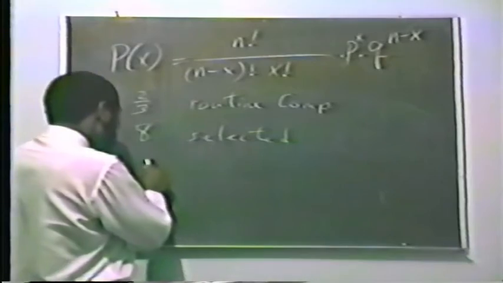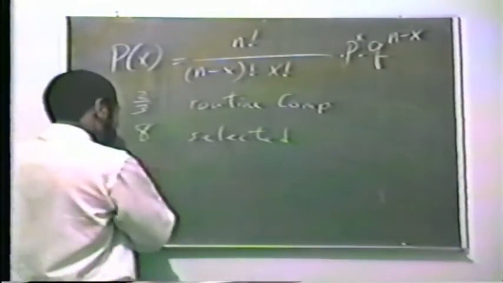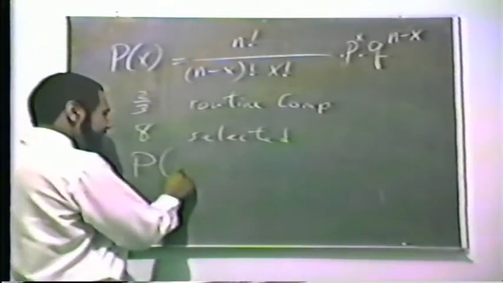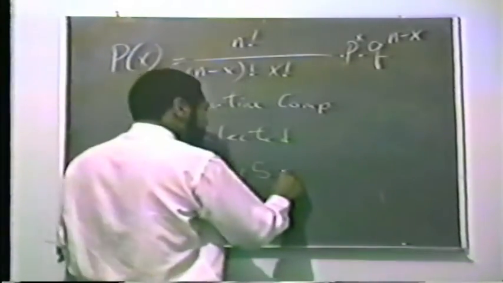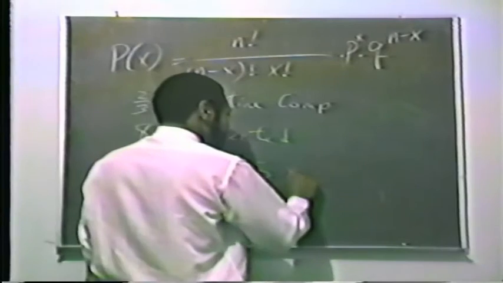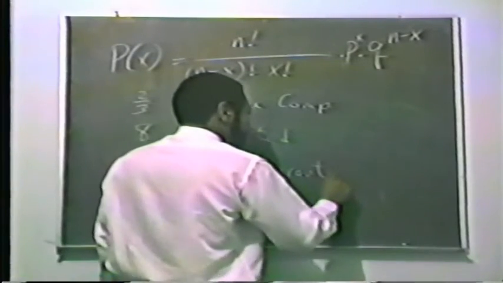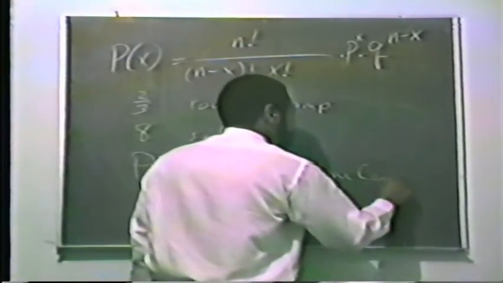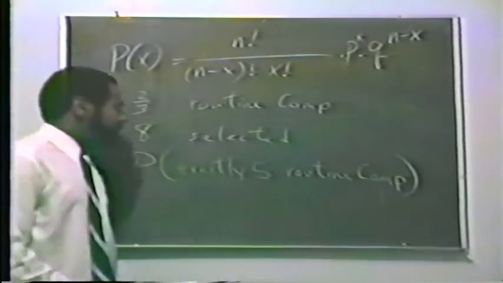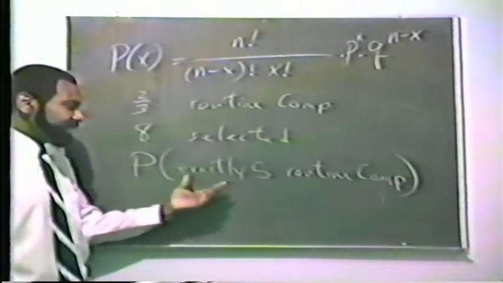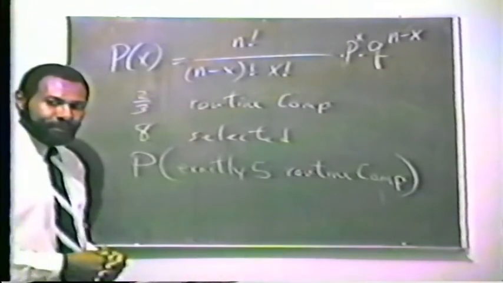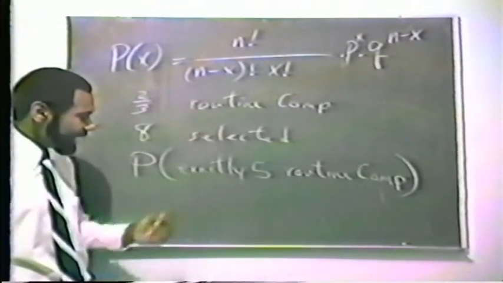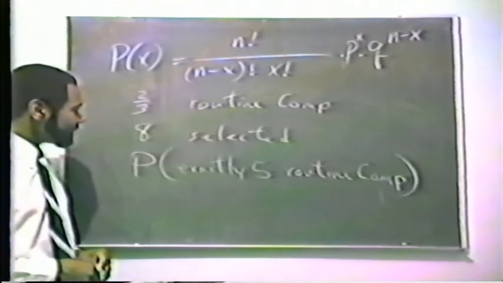So we want to find the probability that exactly 5, and these individuals are chosen at random, can do routine computations.